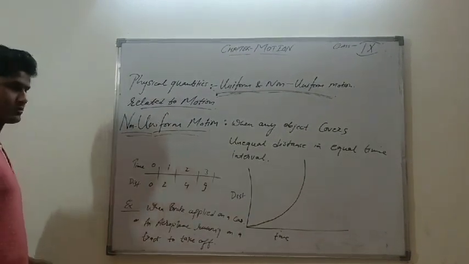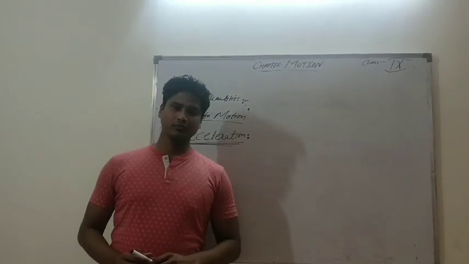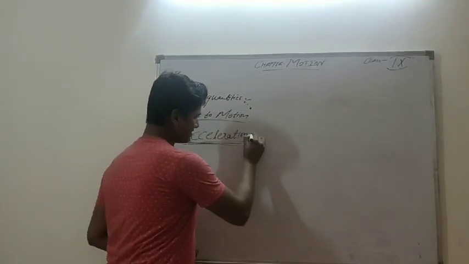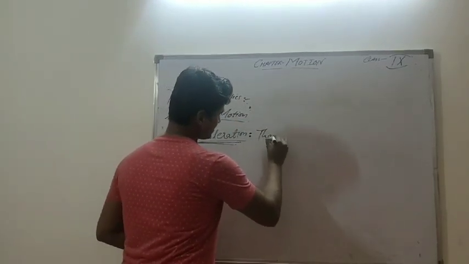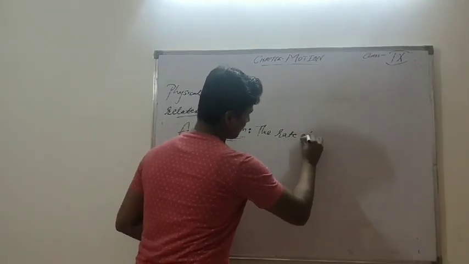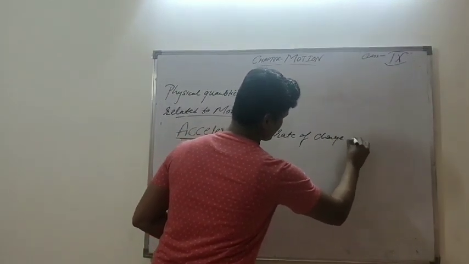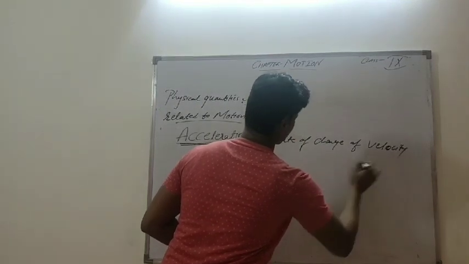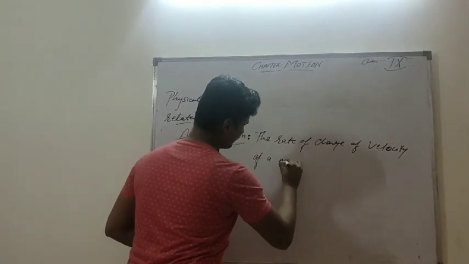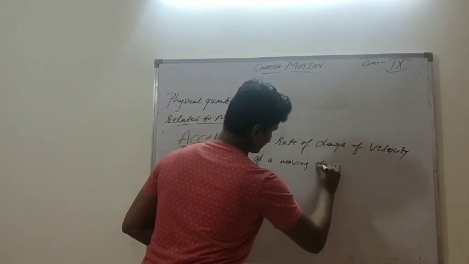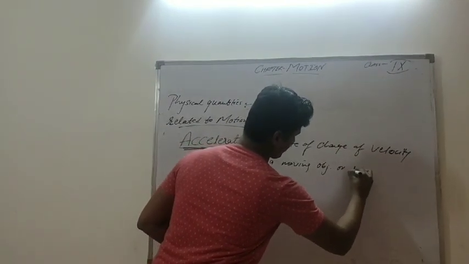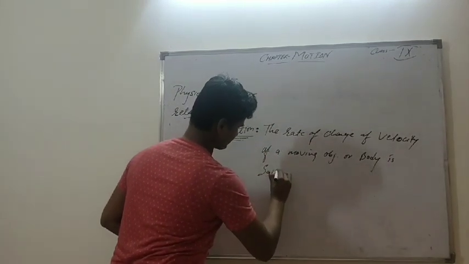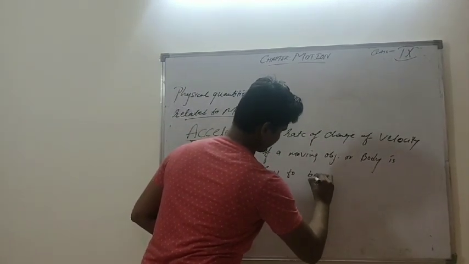After uniform and non-uniform motion, we now understand what is acceleration. In simple language, we can say the rate of change of velocity of a moving object or body is said to be acceleration.